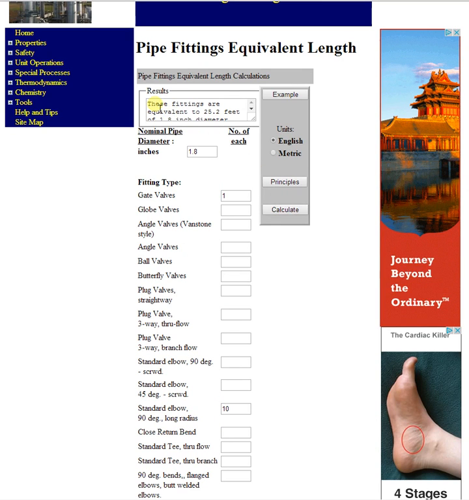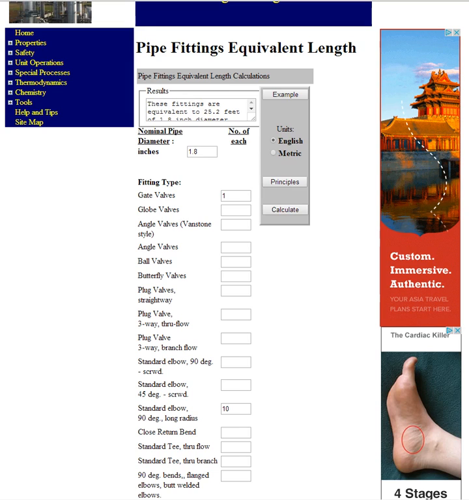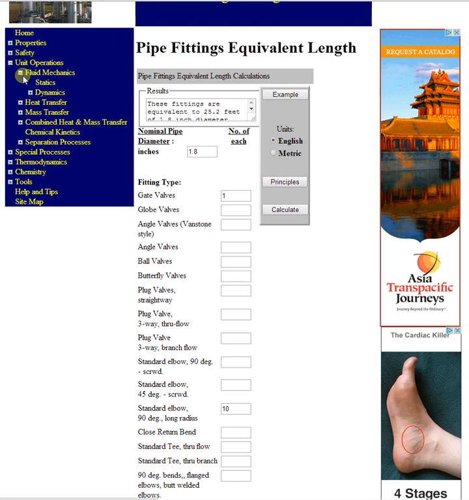We calculate that the equivalent length of these fittings is 25.2 feet, to which we add the 58 feet of lineal pipe to come to a total equivalent length of 83.2 equivalent feet.